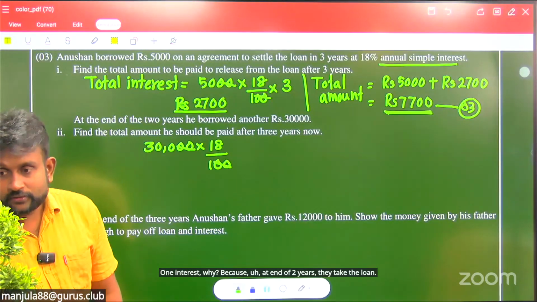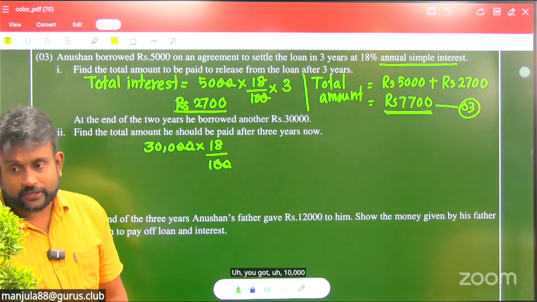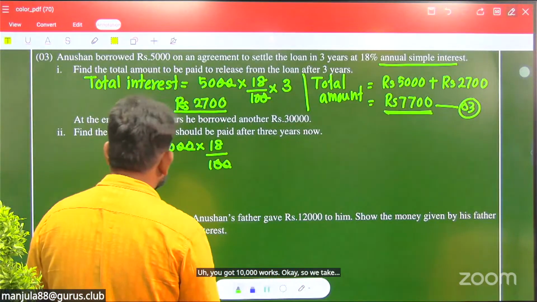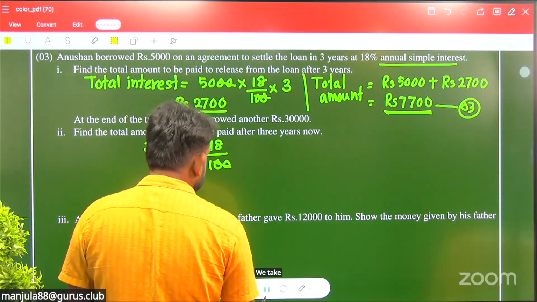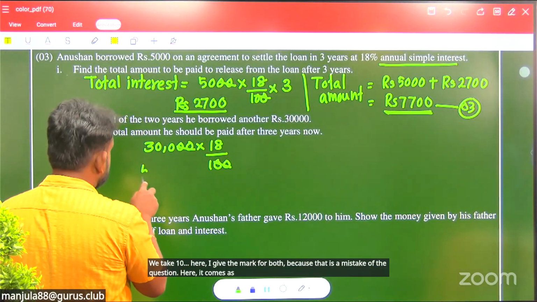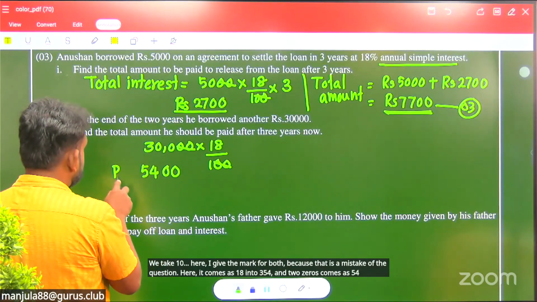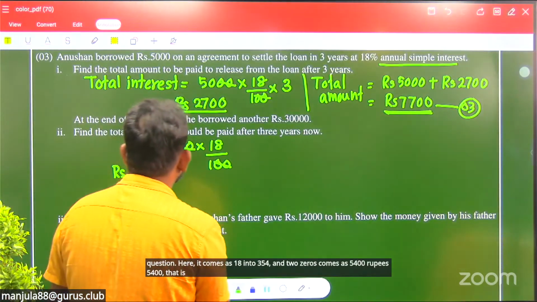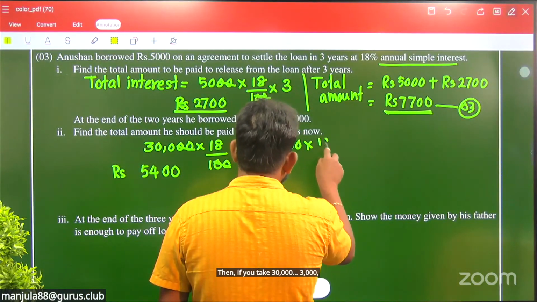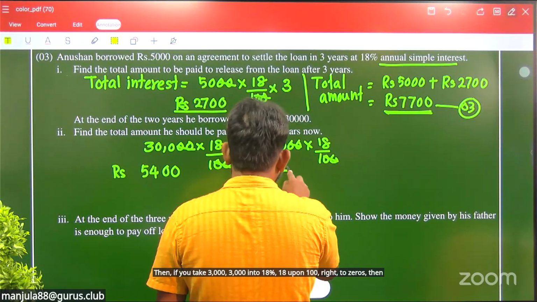You got 10,000 works. Okay, so here I give the mark for both because that is a mistake in the question. Here it comes as 18 into 3 is 54, and two zeros comes as 5,400 rupees, that is the interest. Then if you take 3,000 into 18%, 18 upon 100, two zeros, then 540 interest.